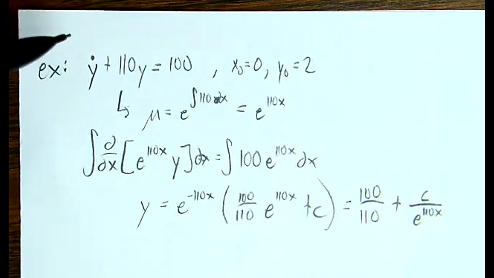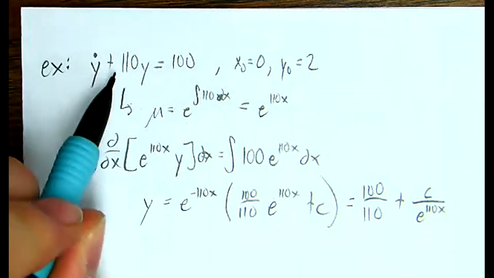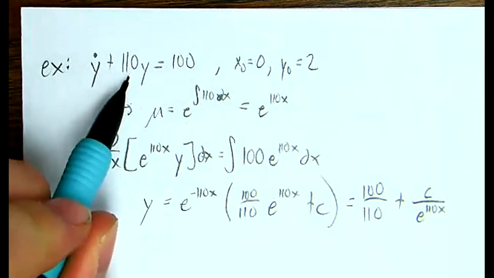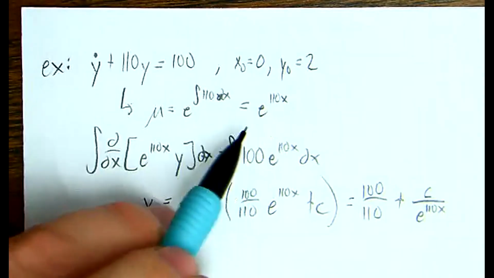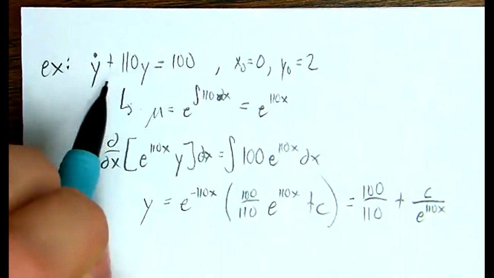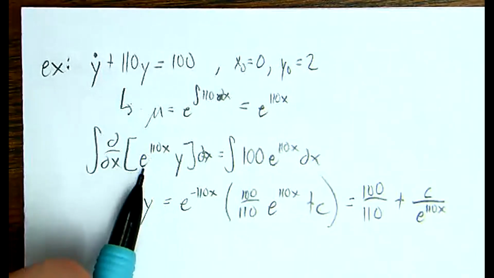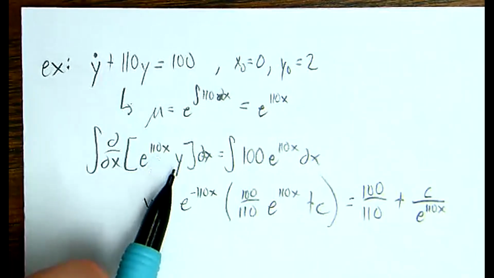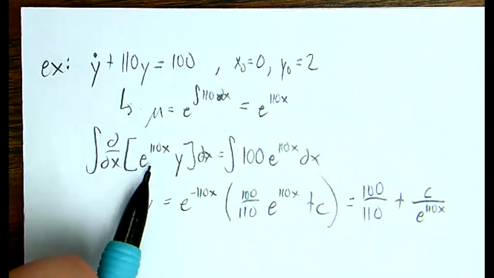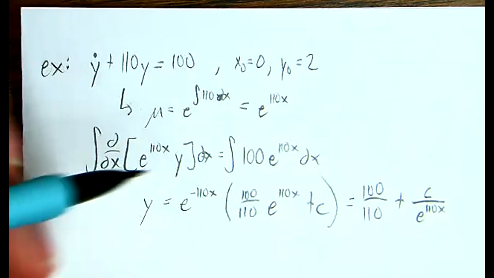Double checking my work. We have an integrating factor of e to the integral of 110, so we get e to the 110x as our integrating factor. If I multiply everything by e to the 110x, I get on the left-hand side first times the derivative of the second, so e to the 110x times the derivative of y, plus second times the derivative of the first, so 110 times e to the 110x y.